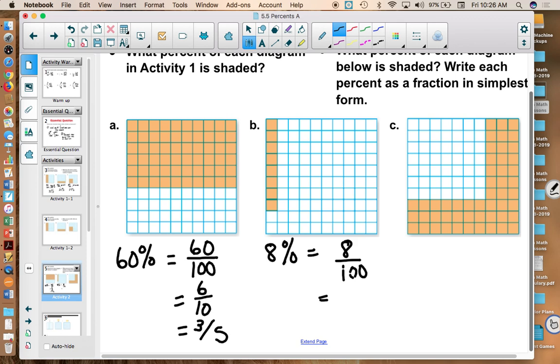Ben, what did you get for simplest form? 4/25. Ben says 4/25. No, you can go down. It's 2/25. Yeah, I think it is 2/25. If I divide 8 by 4, I get 2. And if I divide 100 by 4, I get 25. There again's that money, 100 pennies or 4 quarters, okay?